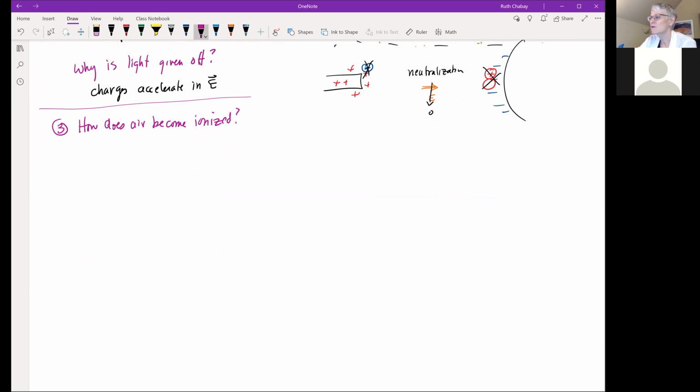Well, let's consider a really simple explanation. So model 1, we'll talk about force. And we'll say that the electric field is large enough to pull an electron out of an atom.